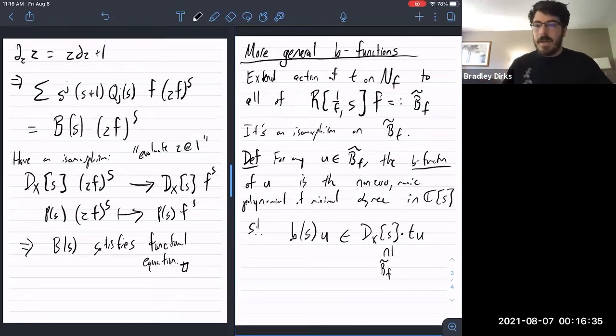For any element, we could talk about t times that element, and then look at the submodule generated by that. We want a polynomial which multiplies the element into this submodule.